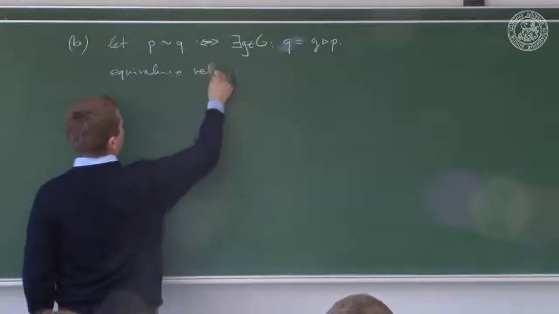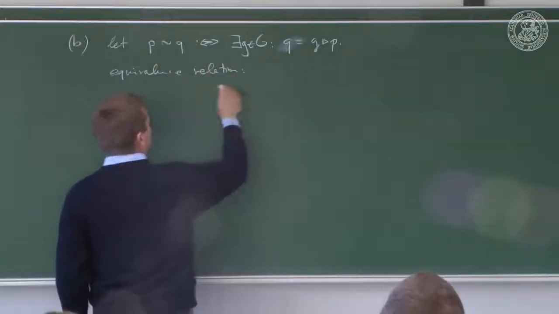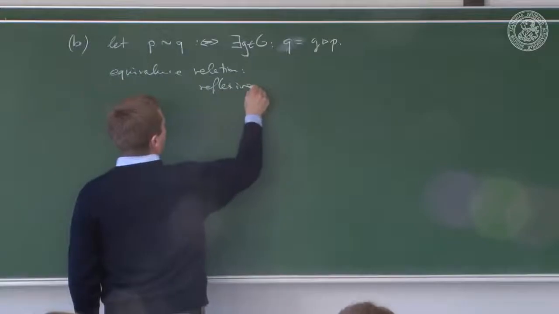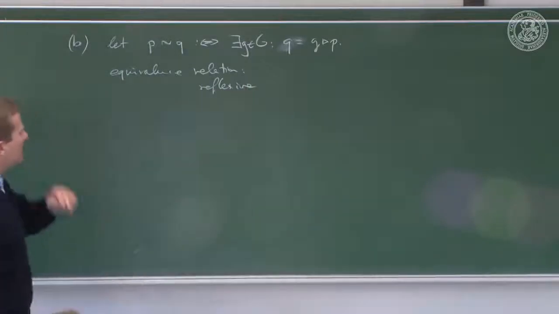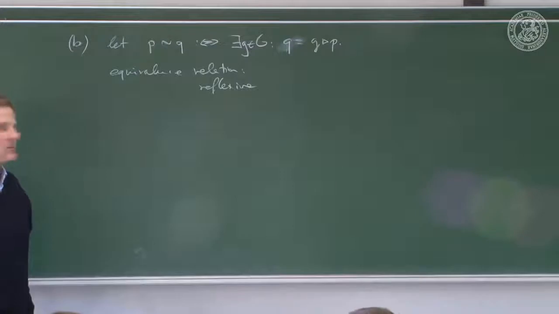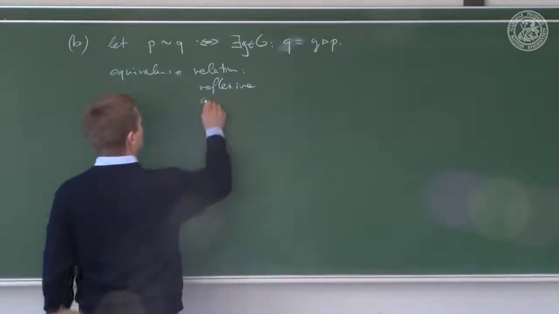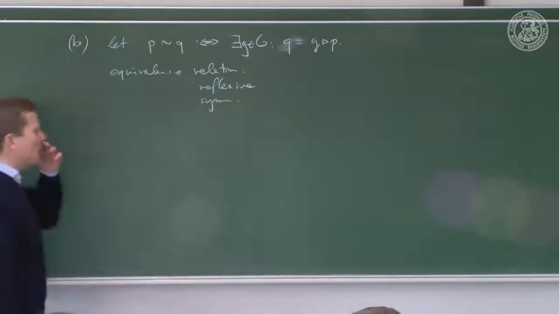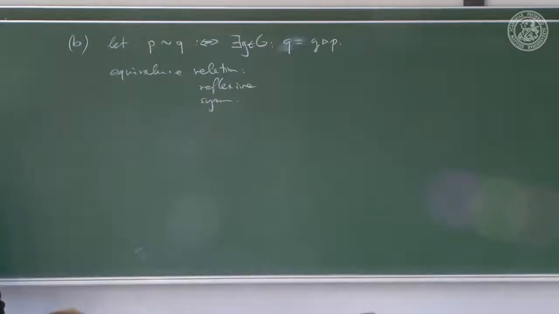It's reflexive. Why is it reflexive? Well, because the identity is always in the group. It's symmetric. Why is it symmetric? Well, because there's always the inverse in the group.